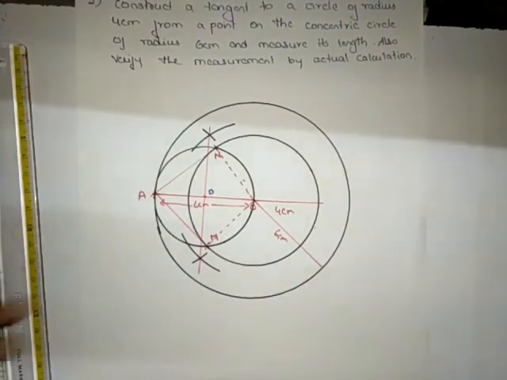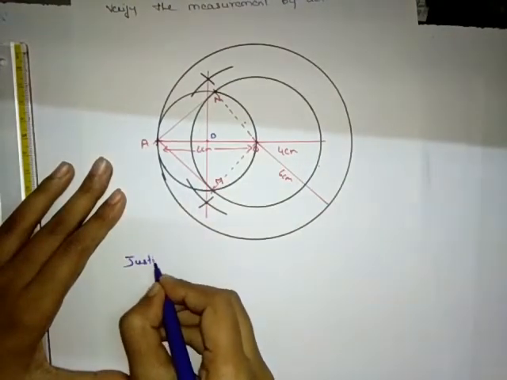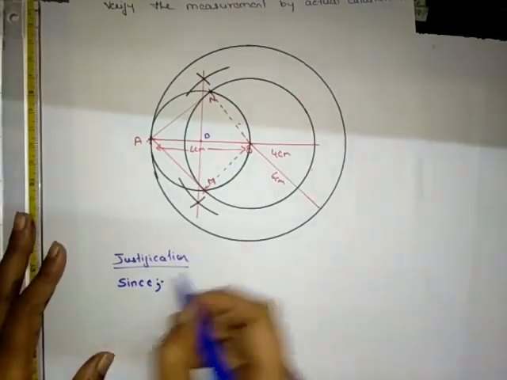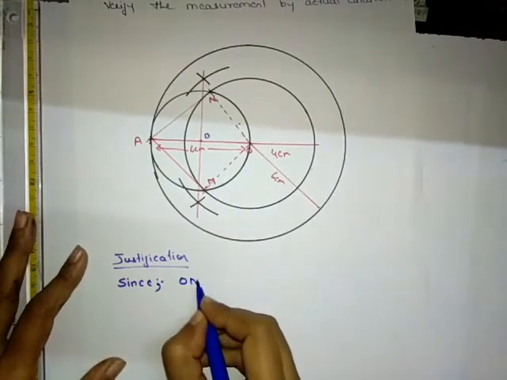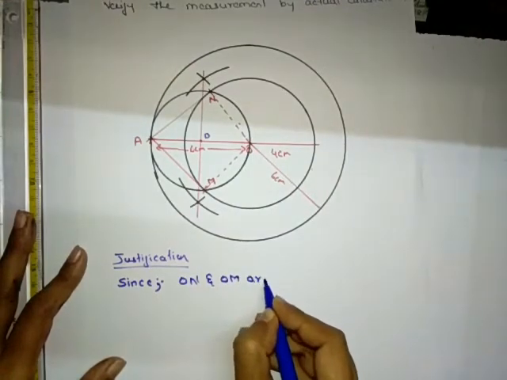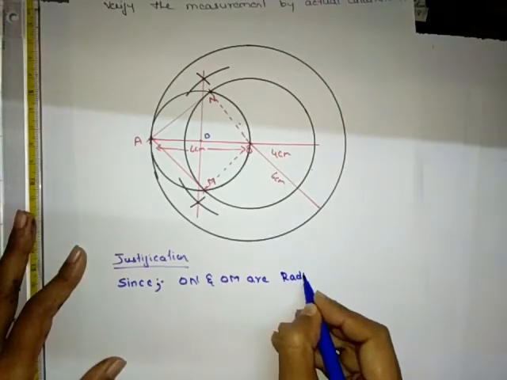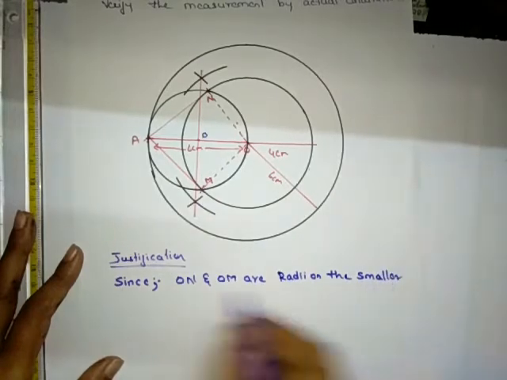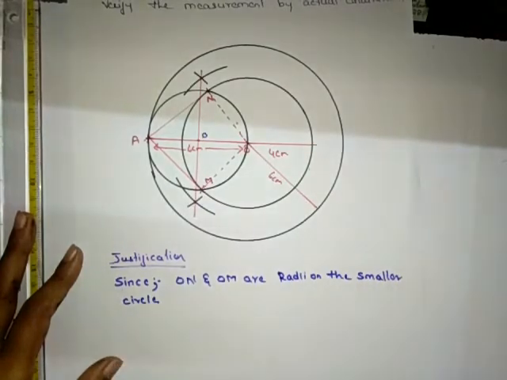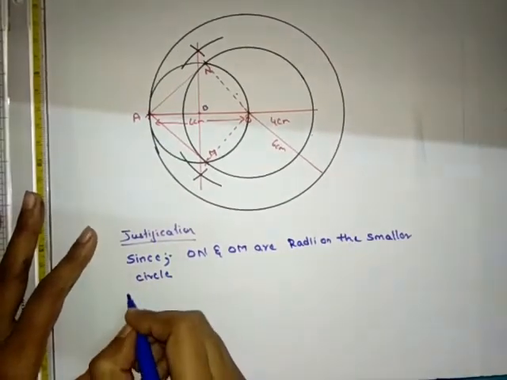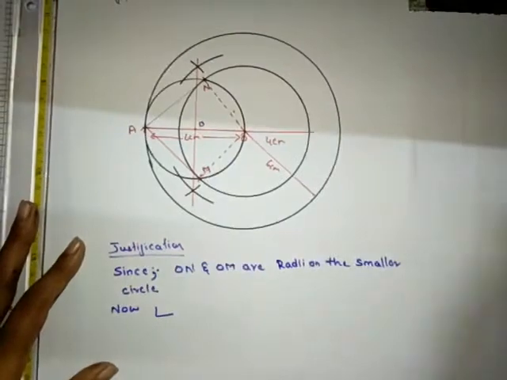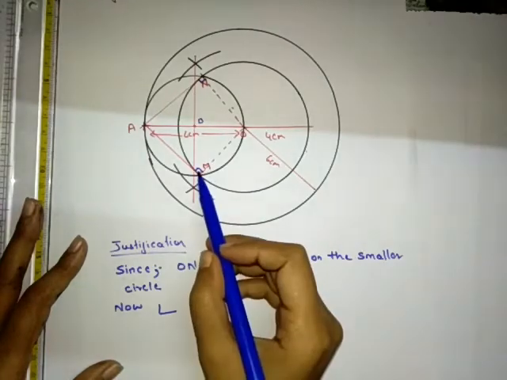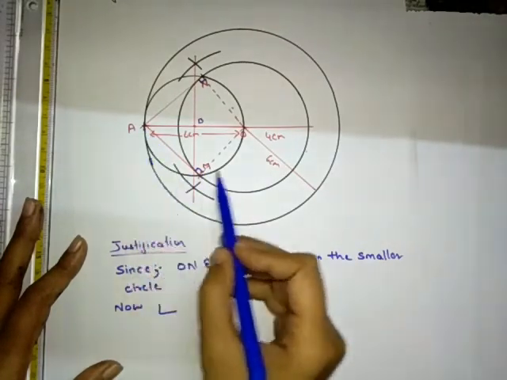We'll start the justification. Since ON and OM are radii of the smaller circle, right? Now we can say that angle M and angle N are of 90 degrees because those angles are made on the semicircle.